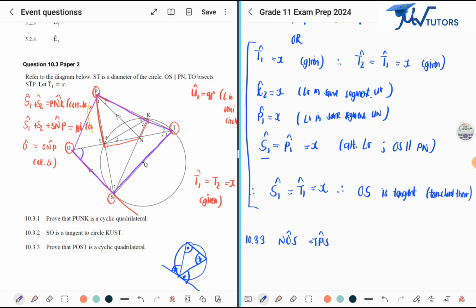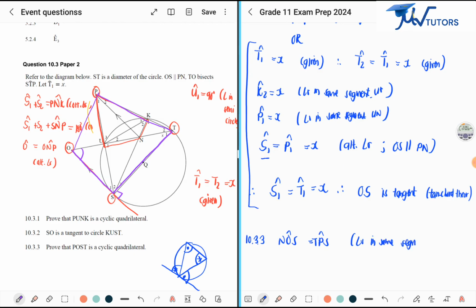What else can we show? Is there an exterior angle in a cyclic quad? Yes, there is. I mean, there's this 90 degrees over here. If we can show that actually TPS is 90 degrees, that would also be great. So this would be angles in the same segment, right?